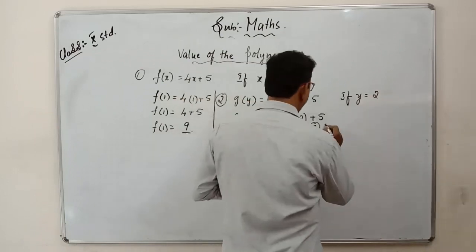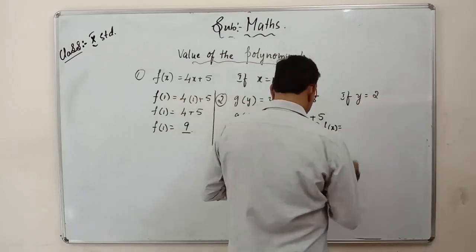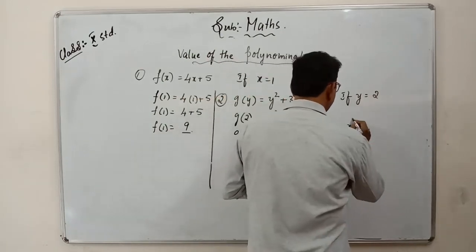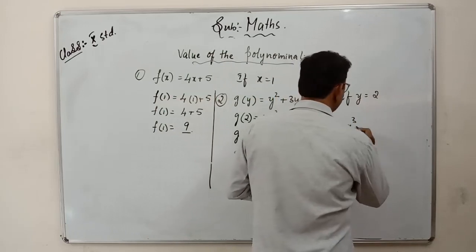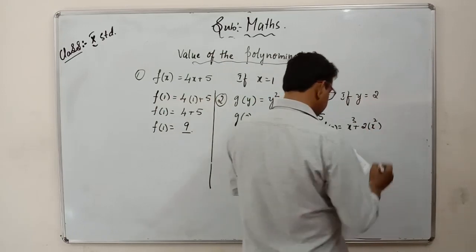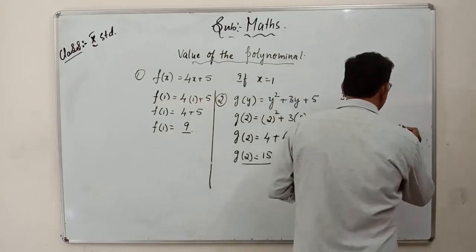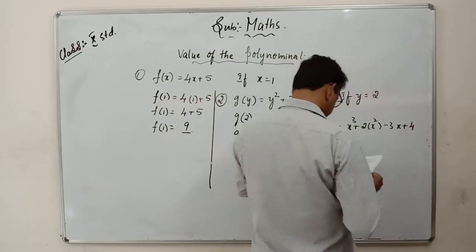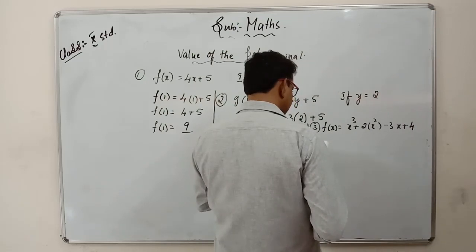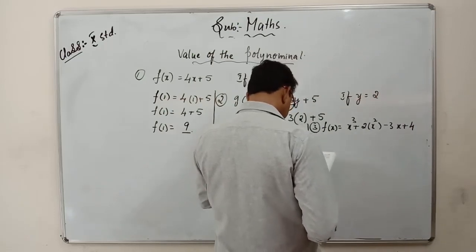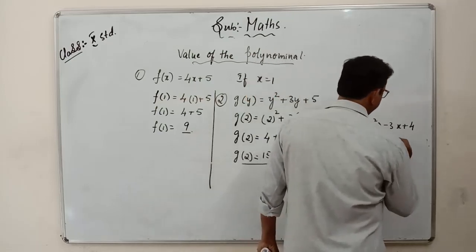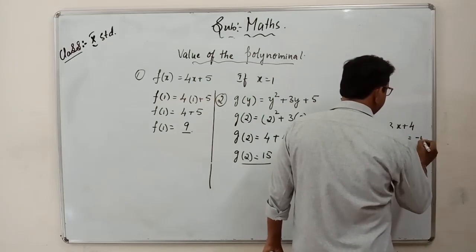So he has given f of x equals to x cube plus 2x square minus 3x plus 4, where x equals to minus 1.